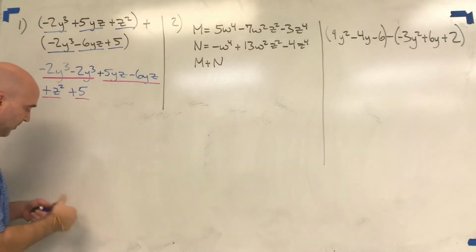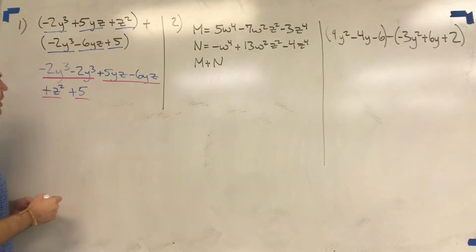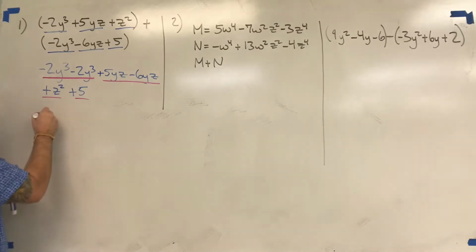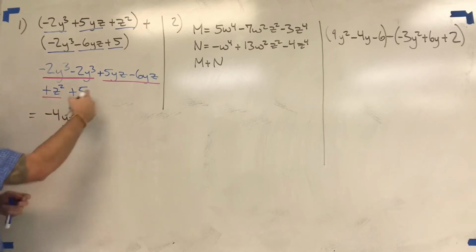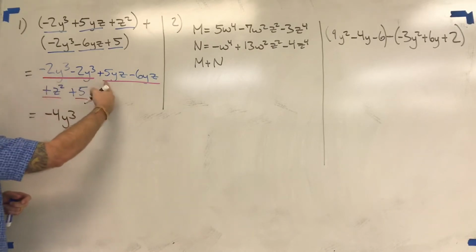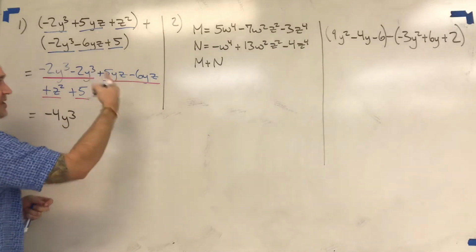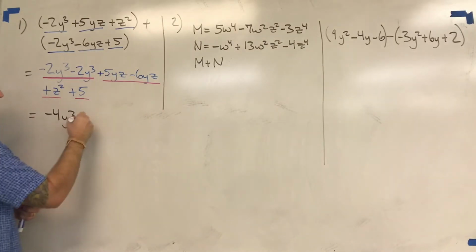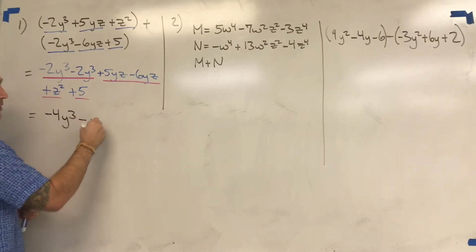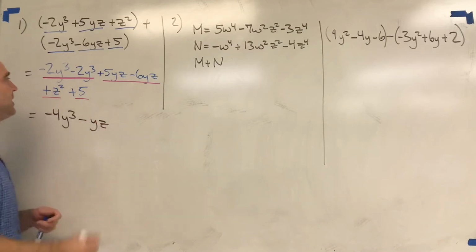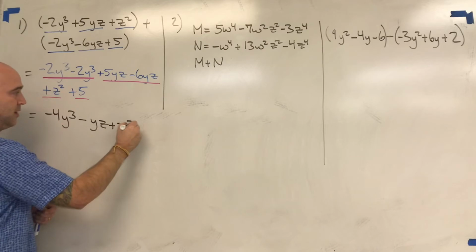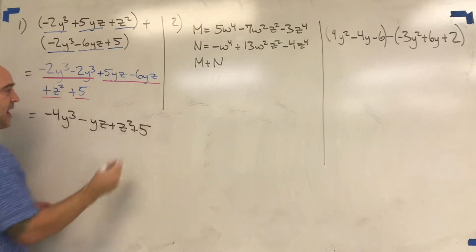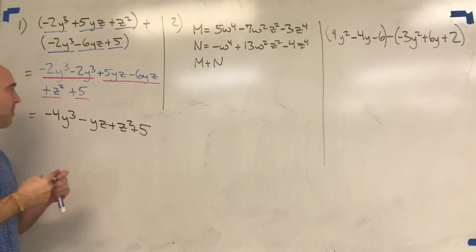So negative 2y cubed minus 2y cubed is negative 4y cubed. And 5yz minus 6yz, one minus sign means we're subtracting, with one yz left. And then the z squared plus 5. Nothing else can be combined.